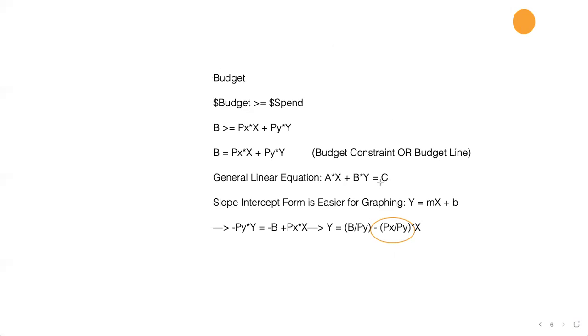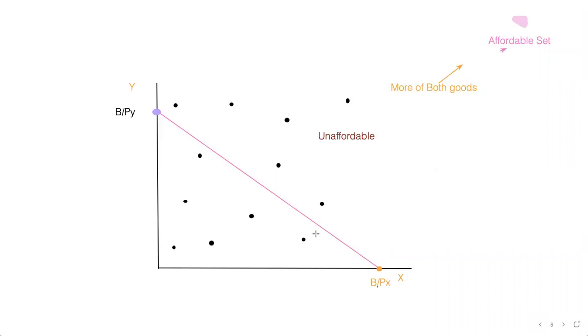Hopefully you can see in the equation here, this corresponds to the m in y equals mx plus b. We just wrote our intercept term first, which is normally what you want to do when you want to graph these things easily. But we have this negative slope, which is the price ratio.